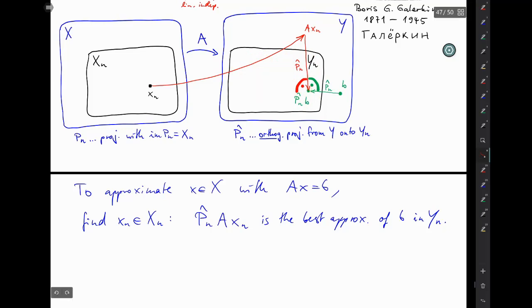It's of course the point that you get when you apply your orthogonal projection to B. So it's the orthogonal projection of B down to Yn. This is the point that is closest to B inside of Yn. Okay, and that's going to be the same point where you arrive when you apply the orthogonal projection to Axn. That was Galerkin's idea.